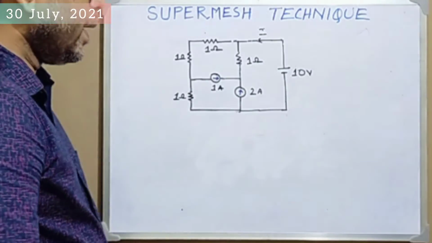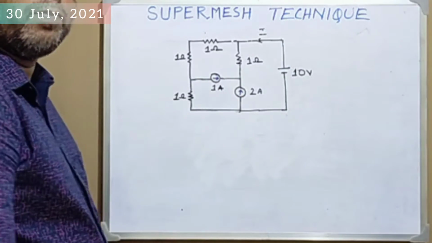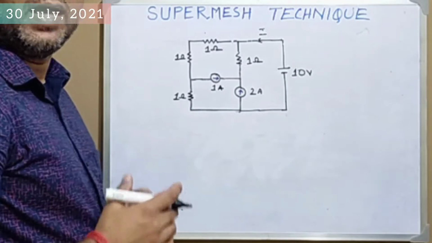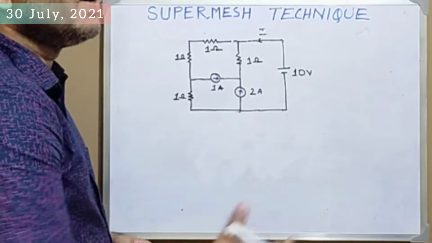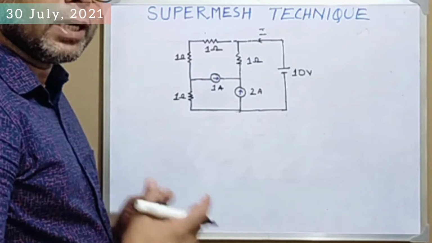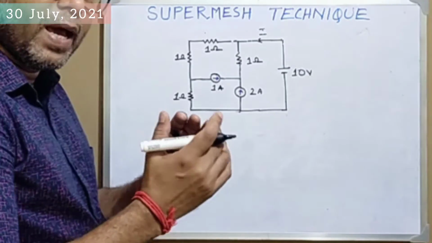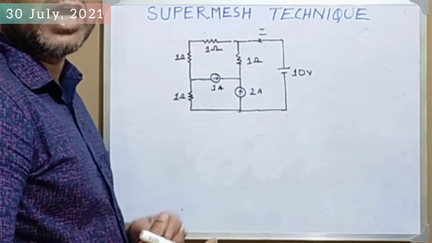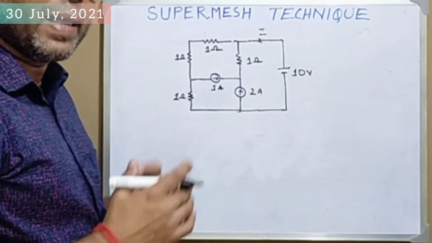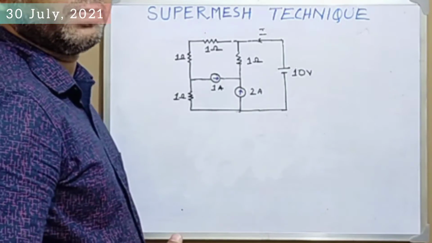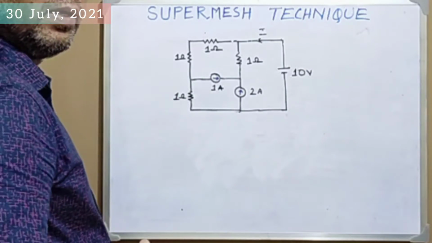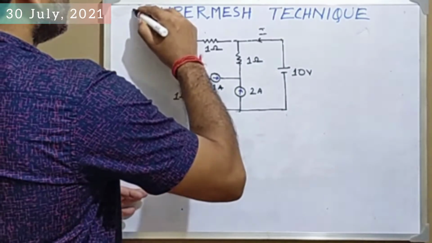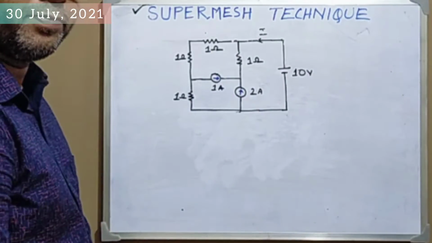As this type of problem appears very frequently in different competitive exams, you should apply such a technique so that you can solve the problem in a very short time. That means you can save your time. That is my target.